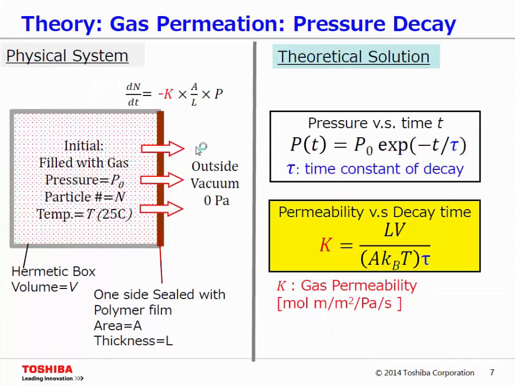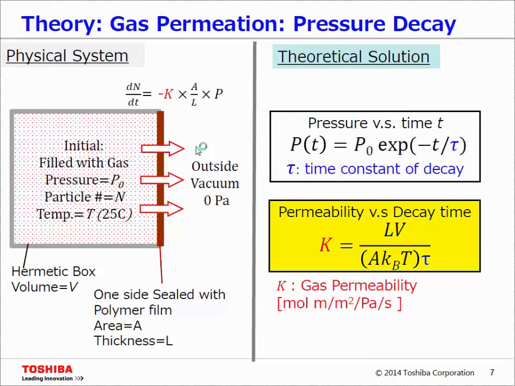Okay. The next part of theory is gas permeation. The system we're considering is a hermetic box with a volume V, initially filled with gas. One side of this box is sealed with a polymer film as a specimen. Thanks to the pressure difference between the inside and outside, gas permeates in proportion to the pressure difference.